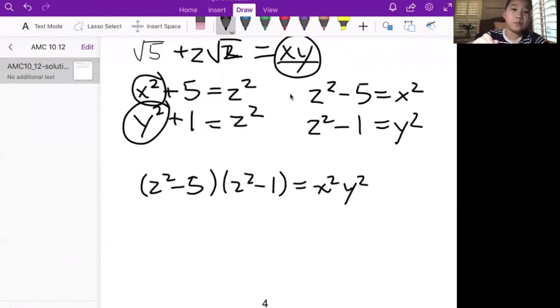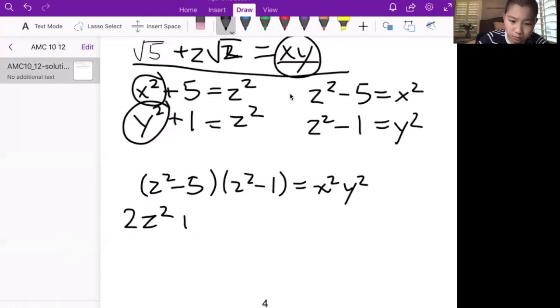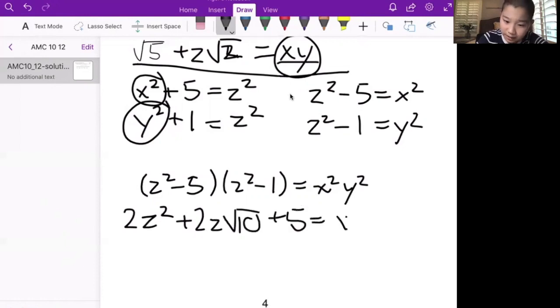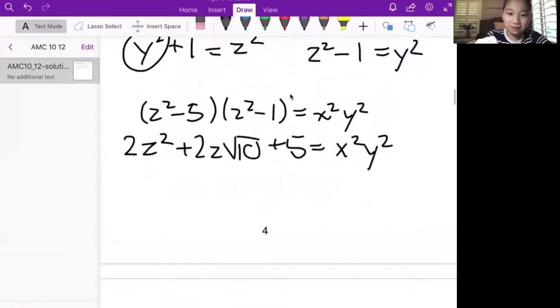And then we can multiply the top equation, the very top equation, by itself or square it. So you can get, I'm gonna do the expanding right now. So 2z squared plus 2z root 10 plus 5 equals x squared y squared. And then it actually turns out you get lucky.